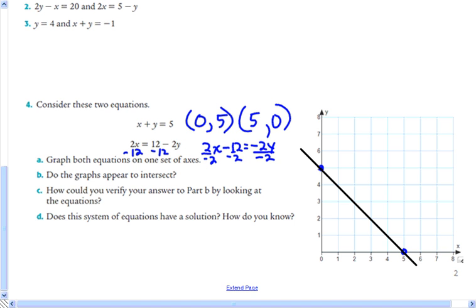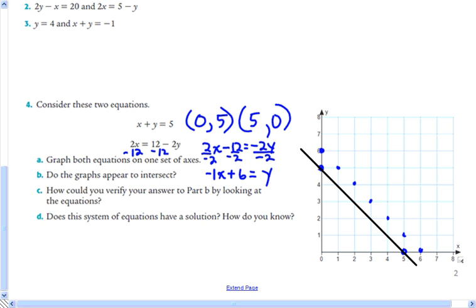So I'm dividing everything by negative 2. And I get negative 1x plus 6 is equal to y. So y is equal to negative 1x plus 6. So the y-intercept is 6. And the slope is negative 1, which means I'm dropping 1 every time I go over 1. So that's those points.